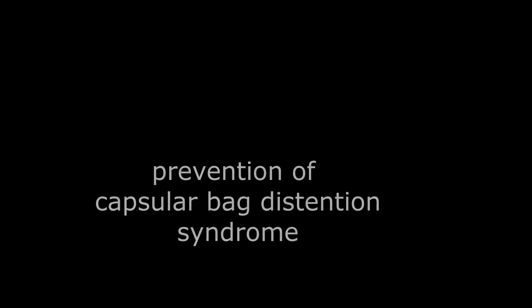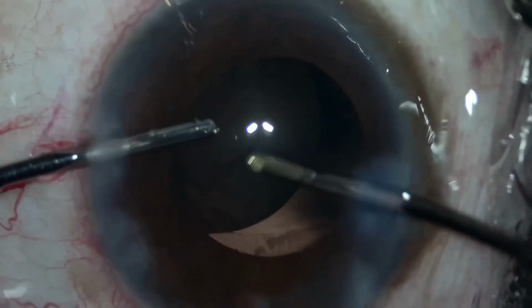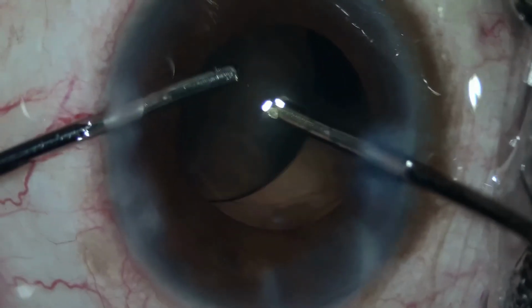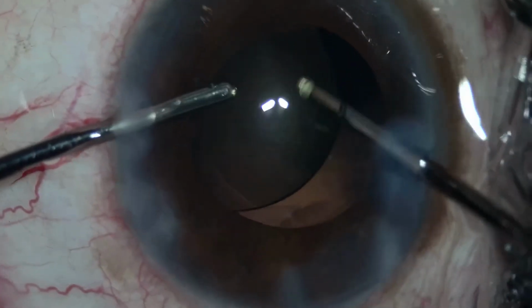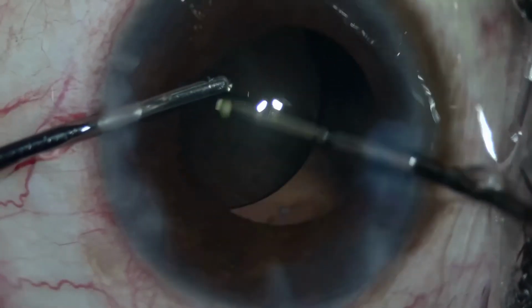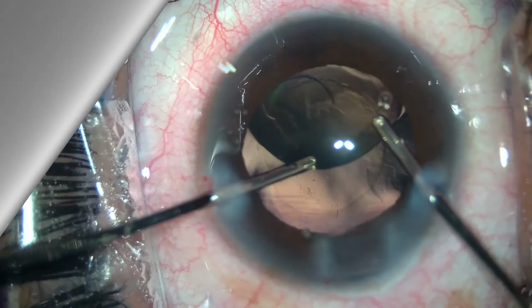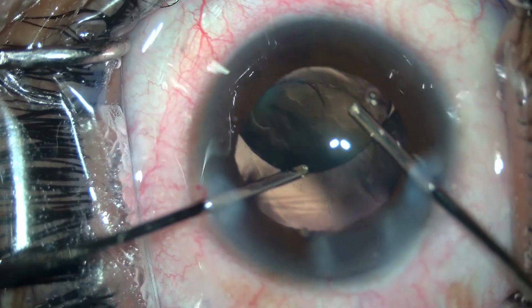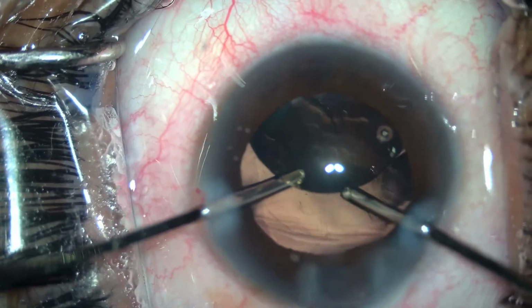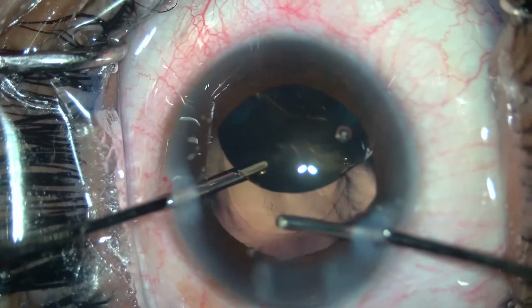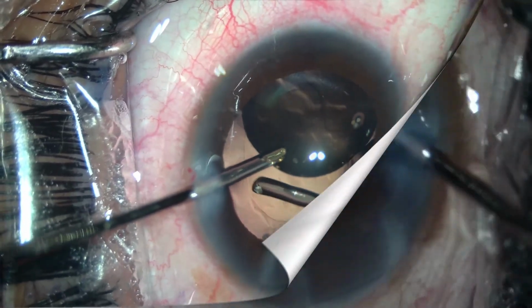Coming to prevention, near complete aspiration of OVD from the bag after IOL implantation is a crucial step in minimizing this complication. Lifting up the optic and aspirating with low parameters is to be done to ensure a clean capsular bag.